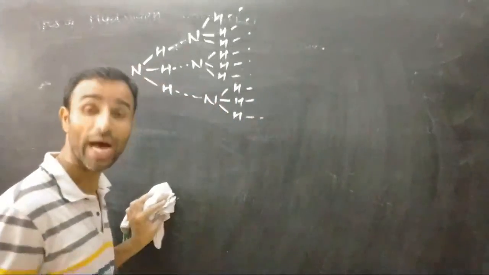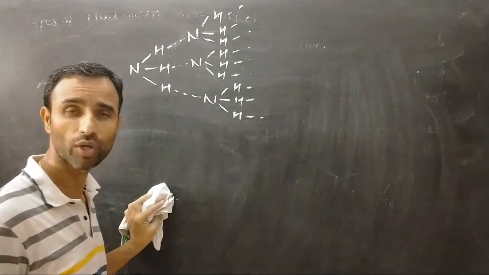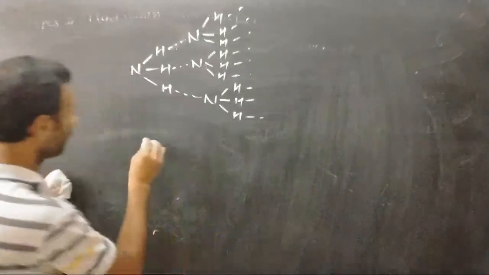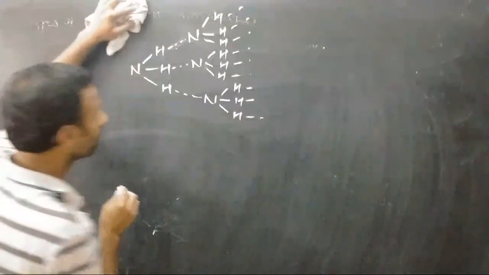Even in water and ice, there is intermolecular hydrogen bonding. This was about ammonia.